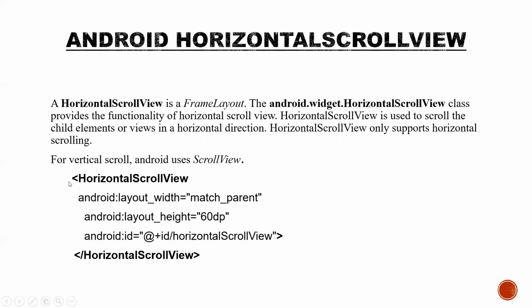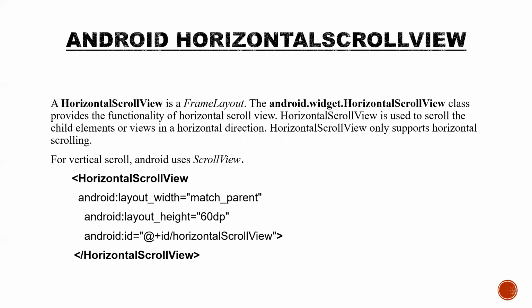Next, we discuss the horizontal scroll view. The horizontal scroll view is a frame layout. The android.widget.HorizontalScrollView class provides the functionality of a horizontal scroll view. Horizontal scroll view is used to scroll the child elements or views in a horizontal direction, that is from left to right.